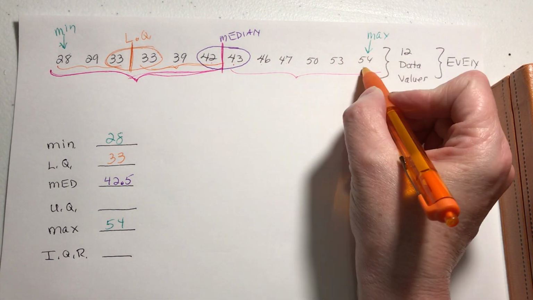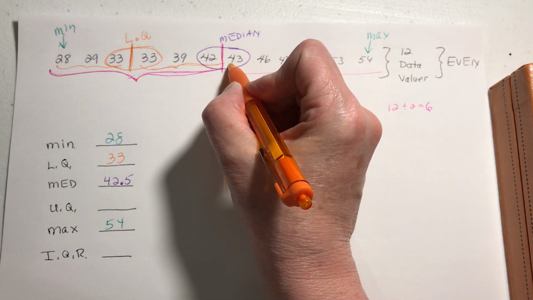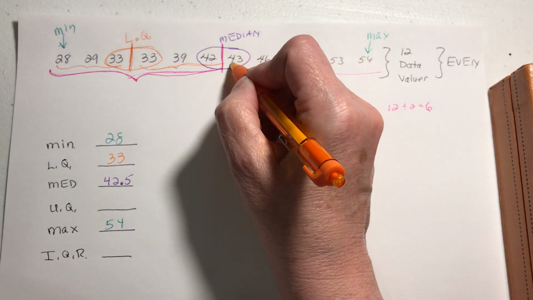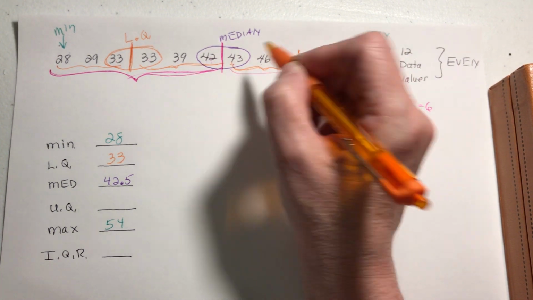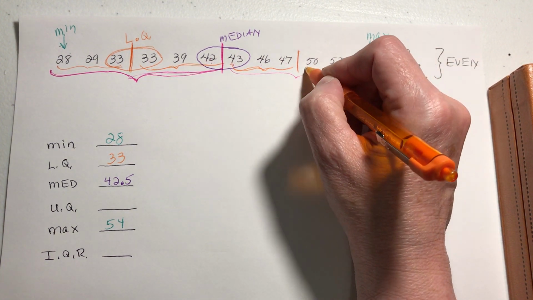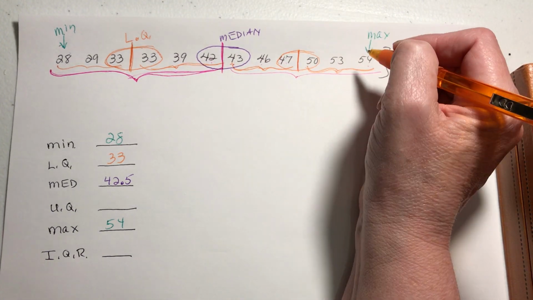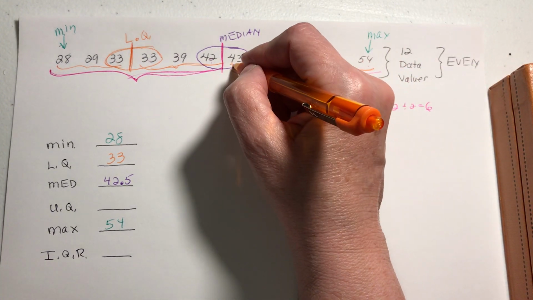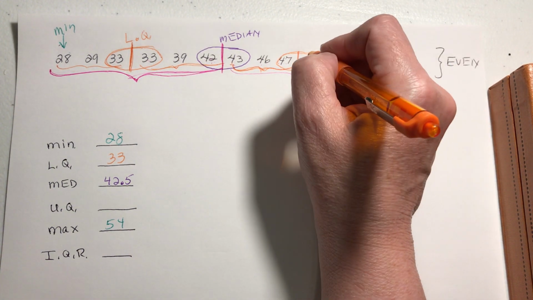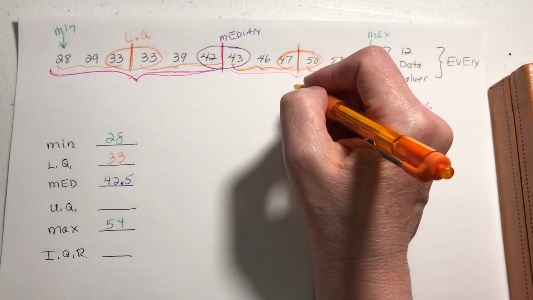Then you're going to look at these 6 numbers, and from 43 to 54, halfway in between would be here. So I'm going to have to take, did I say 6? I meant 3. Sorry. These 3 numbers below and these 3 numbers above, and take the average of 47 and 50.